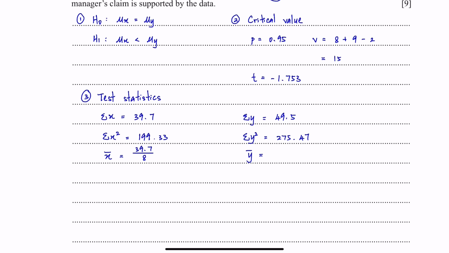So this would give us 4.9625. And the sample mean of y would be 49.5 divided by 9. So we would get 5.5.